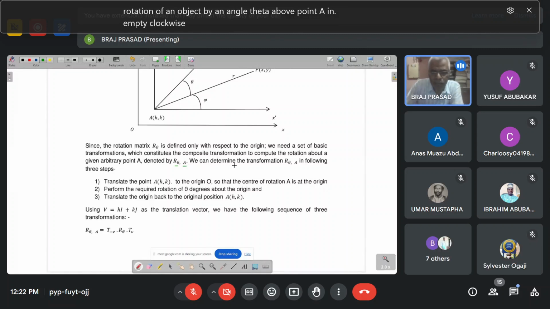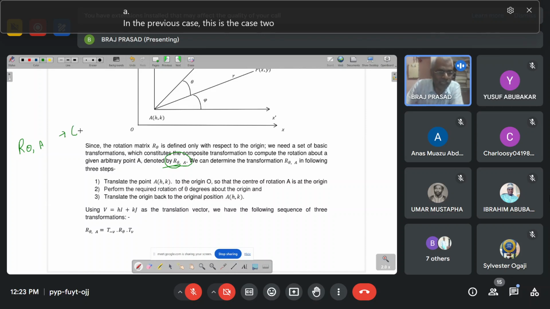We can determine the transformation R theta A in the following three steps. So how we will calculate this rotation vector? Rotation of an object by an angle theta with respect to point A. In the previous case, this is the case 2. This is our case 2.